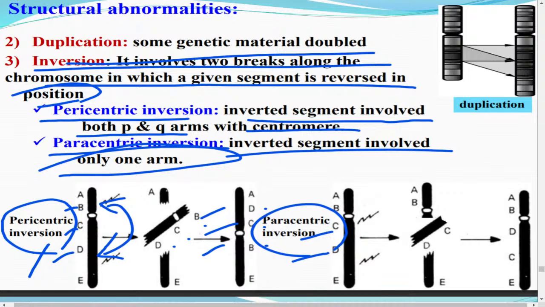The D and C: this one is the D, and this is the C. We can see here it becomes first the C, then the D.